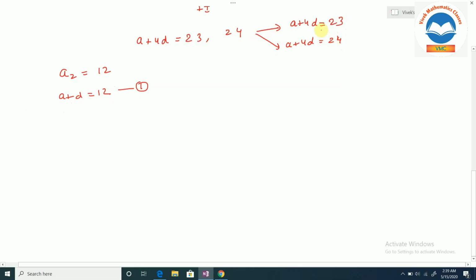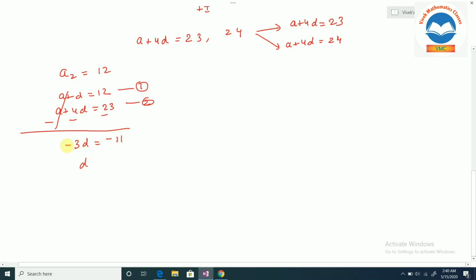Which is the possible value of a plus 4d? So we will substitute here and try to solve. First I will solve a plus 4d equal to 23. This will be our equation number 2. If you subtract, a will be cancelled out, minus 3d equal to minus 11.